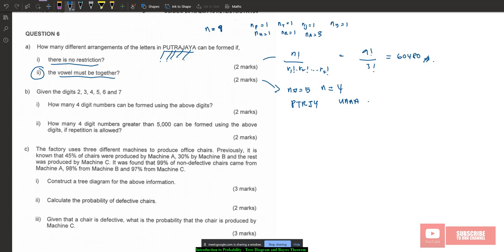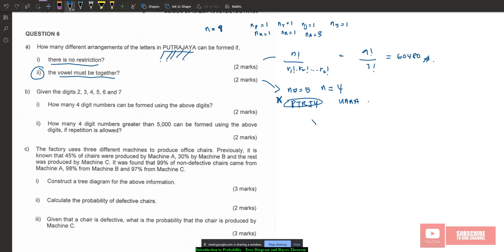So the vowels must be together. That means we need to treat them as one object. Let's say we name this one as X, which is not among the consonants.